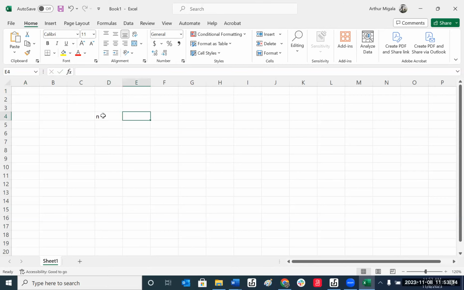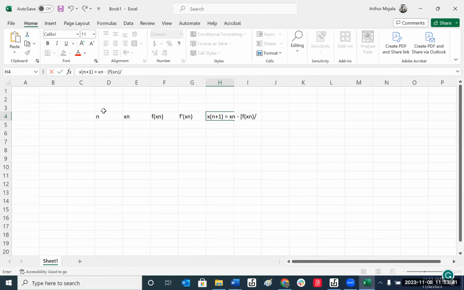Okay, so this is n. This is x sub n, f of x sub n, f prime of x sub n, x sub n plus 1, which is equal to x sub n minus f of x sub n divided by f prime of x sub n.